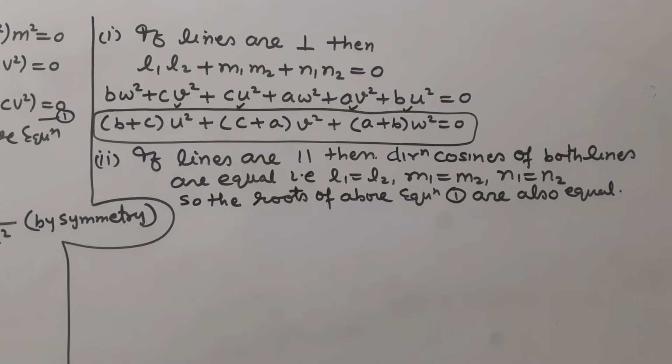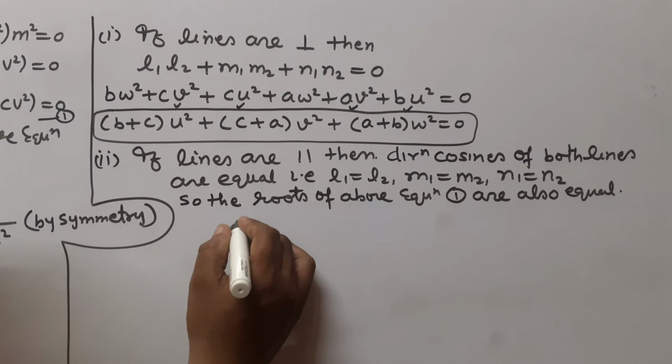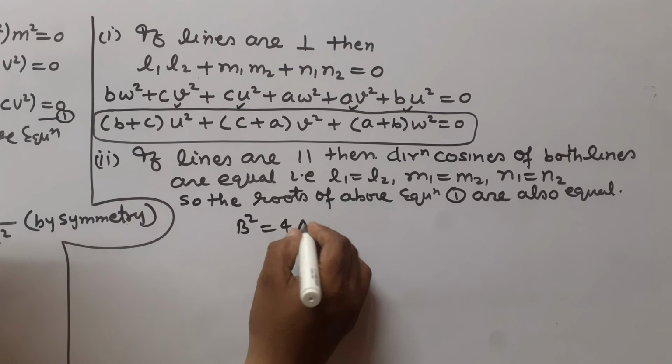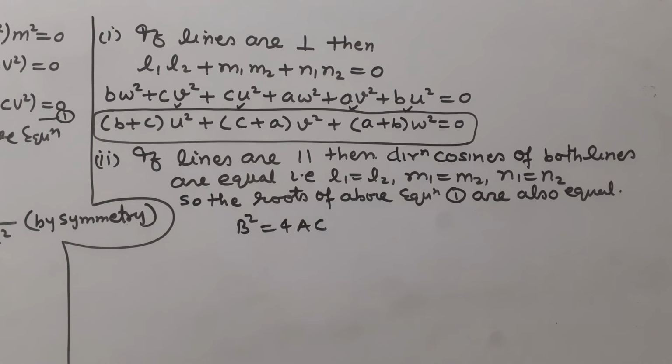And we know that the condition for both roots to be equal is b square is equal to 4ac. This is the condition if the roots of the quadratic equation are equal.